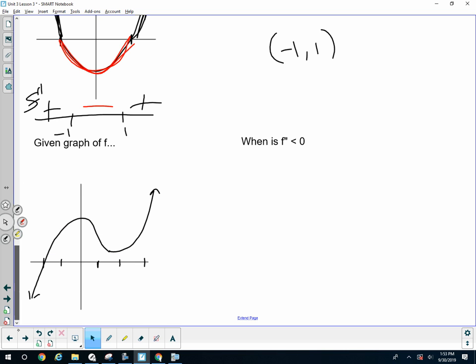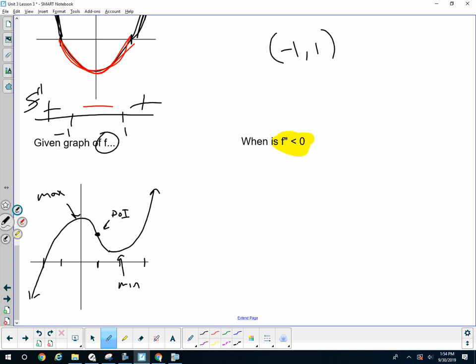Okay, one more. This is the graph of f. When is f double prime 0? There's a couple ways to do this. A tricky way and an easy way. Now, typically when they give you the graph of f, they'll tell you, hey, this has got a max at x equals 0, it's got a min at 2, and a point of inflection at 1.